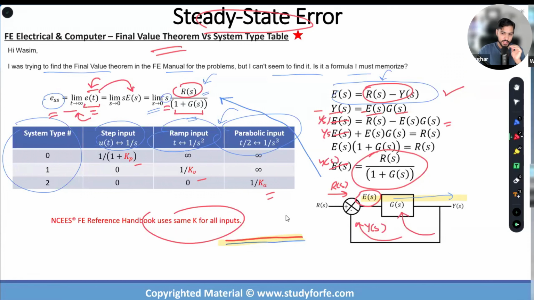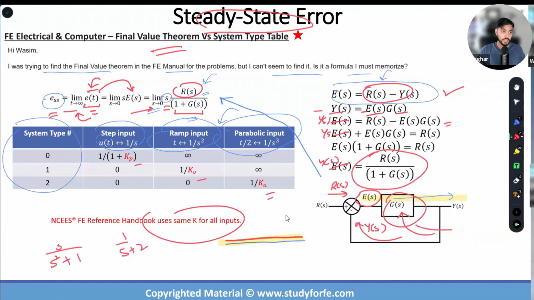G of s is the s domain representation of whatever is in the block. And we've done several practice problems. G of s can take this form, s divided by s squared plus 1. Okay, it can be 1 divided by s plus 2. It can be whatever s domain representation of this block is. Okay, and then set s to 0. That's my recommendation. It's a surefire way of solving the steady state error problems.